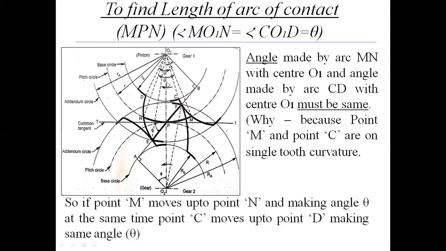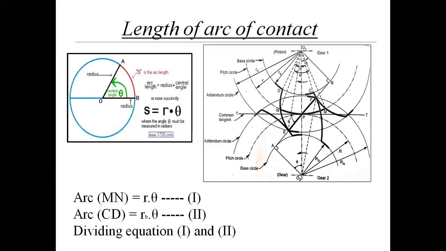That is very important to understand by solving the derivation. So angle MO1N is theta, and angle CO1D is also the same angle theta. Now we have to find the length of that arc.